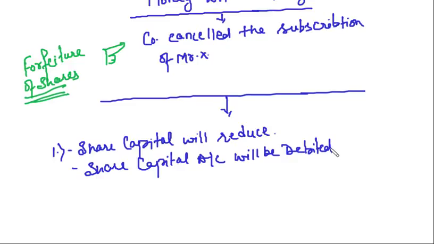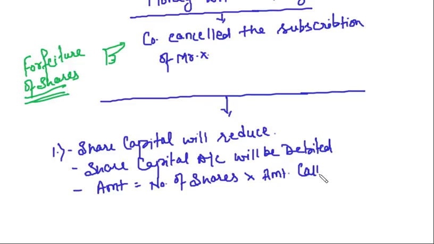Now, with what amount the share capital account will be debited is a very big question now. Right? Amount is equal to number of shares multiplied by amount called up by the company.